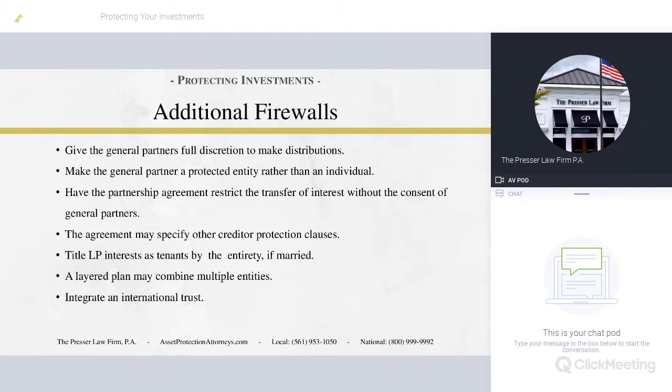So we use the limited partnership, but it's not always the end of the rainbow. Sometimes we have to lay extra layers, and it'll depend on what types of assets the client has. So again, with liquid assets, we can put those directly in the partnership.